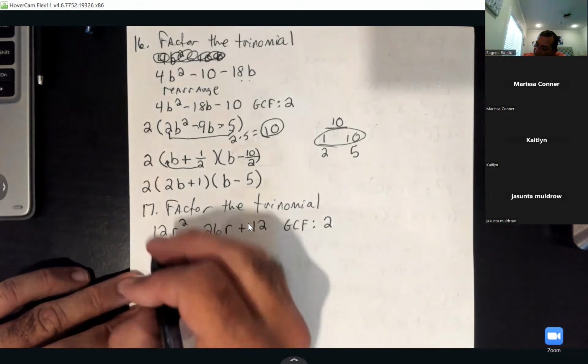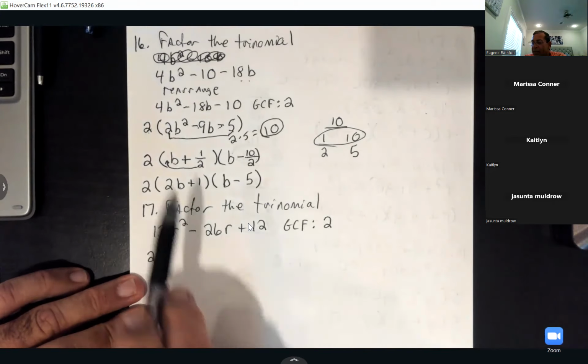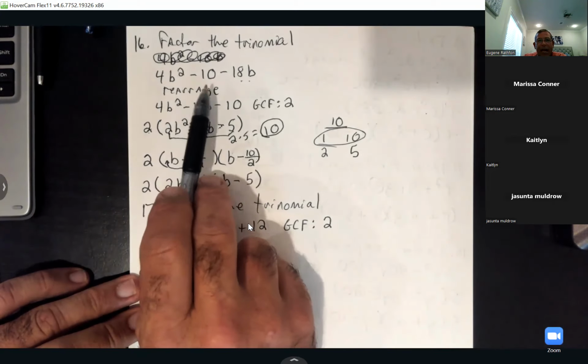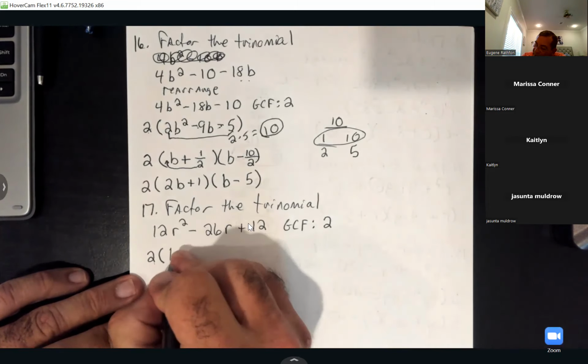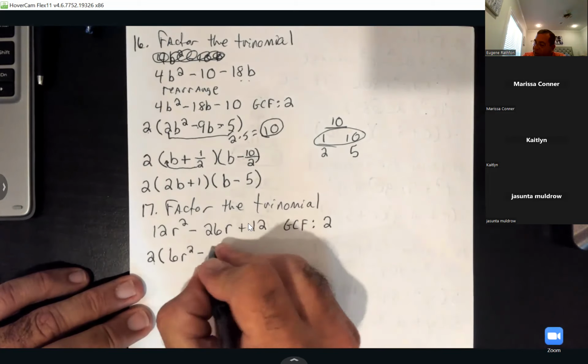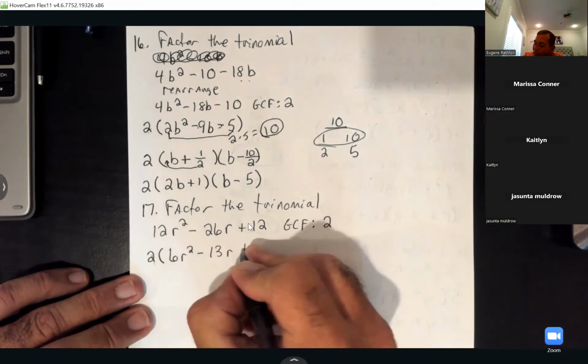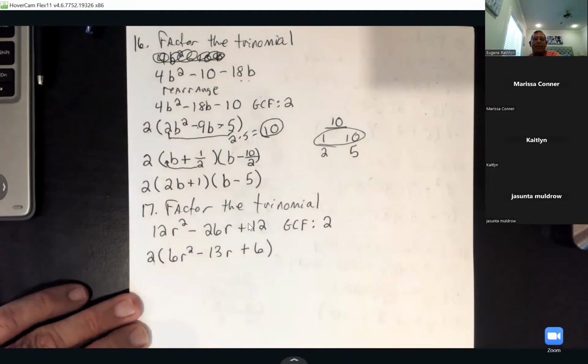We're going to factor out a 2. So basically this 17 is looking like it might be just like this 16. So if I factor out a 2, I get a 6r squared minus 26 divided by 2 is 13r plus 12 divided by 2 gives me my 6.